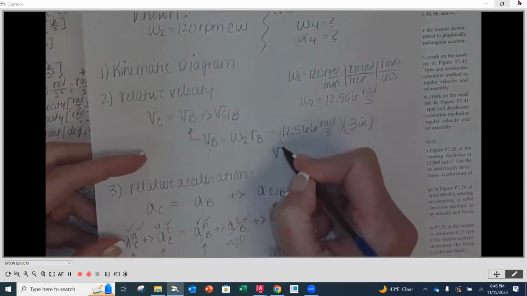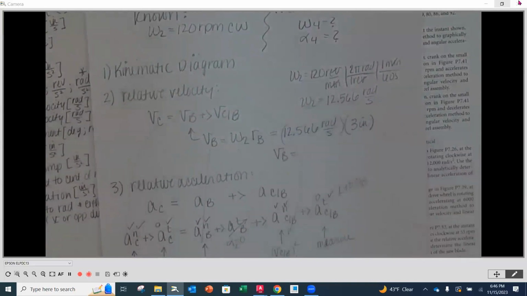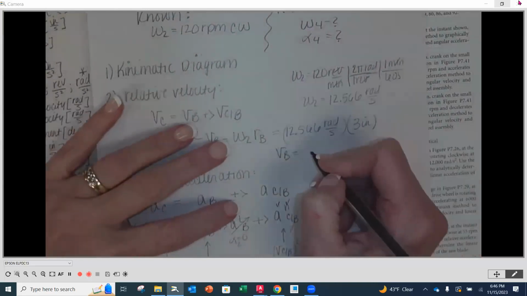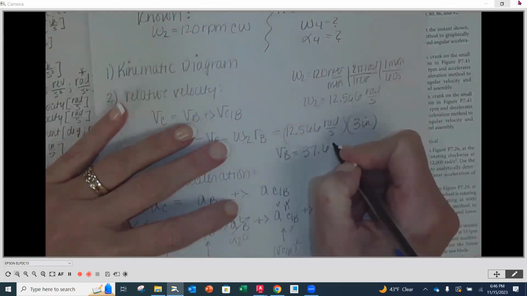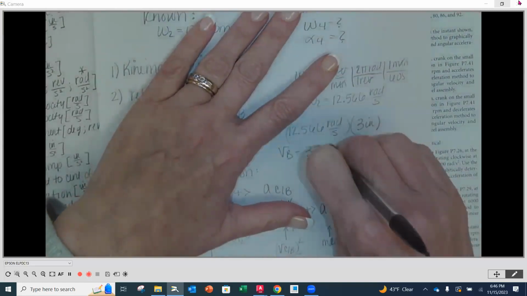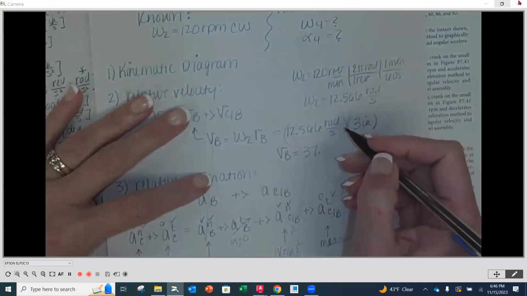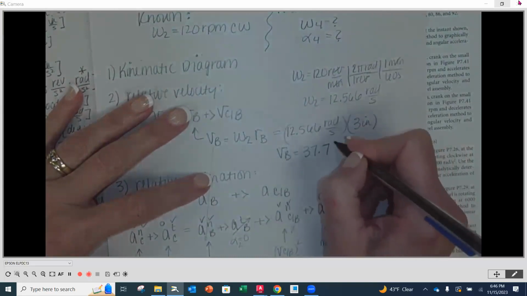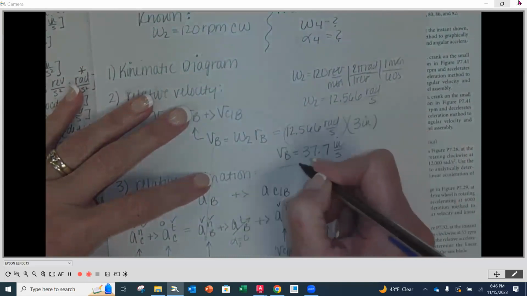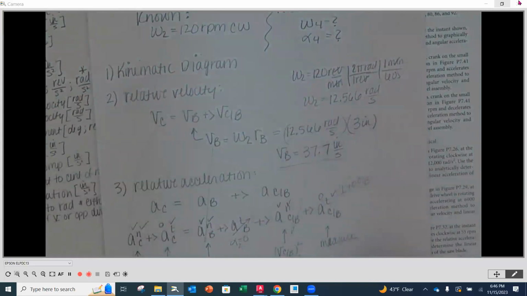So my VB magnitude is 37.7 inches per second.